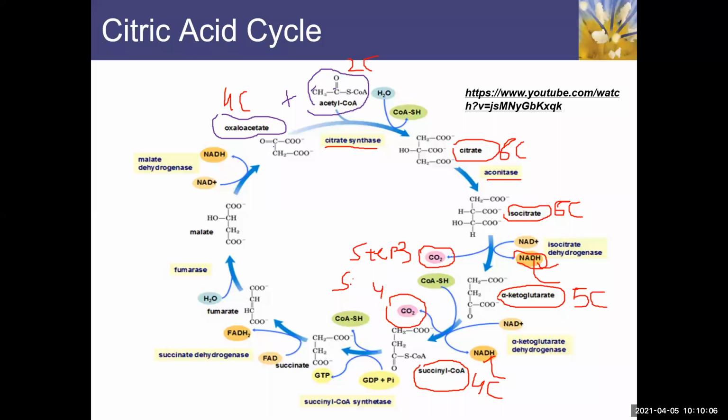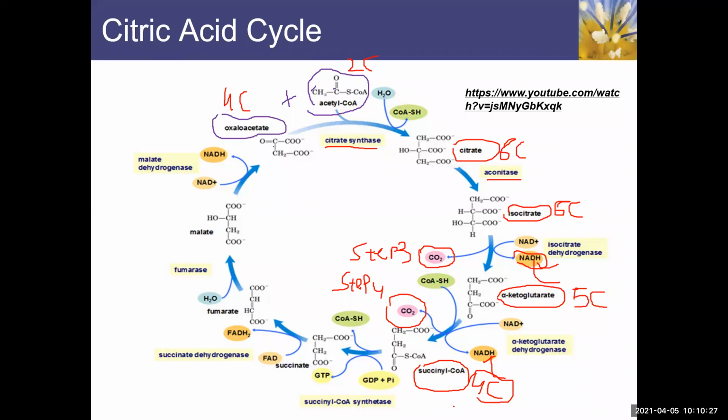One more carbon dioxide was released over here, and as the carbon dioxide was released, we also got one more NADH here. And now we have a 4-carbon compound, which is succinyl-CoA.